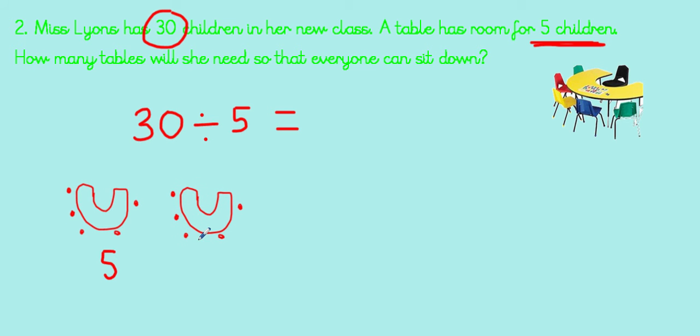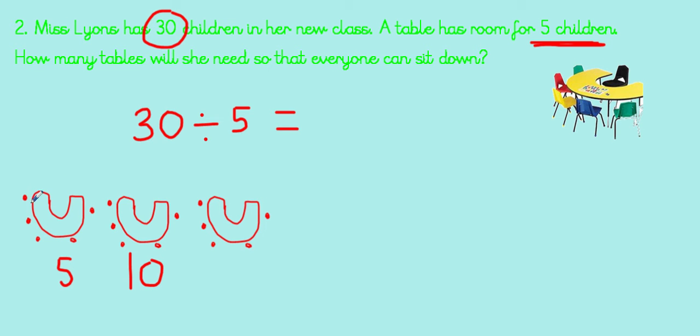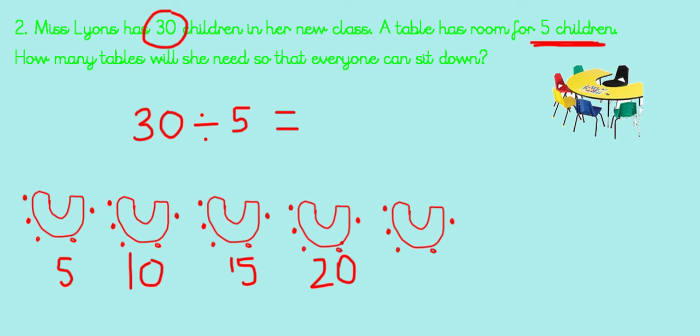So I've got 5, 10 children sitting down now. Need to keep going. 5, 10, 15. Still some children left on the carpet. 20. Nearly there. 25.